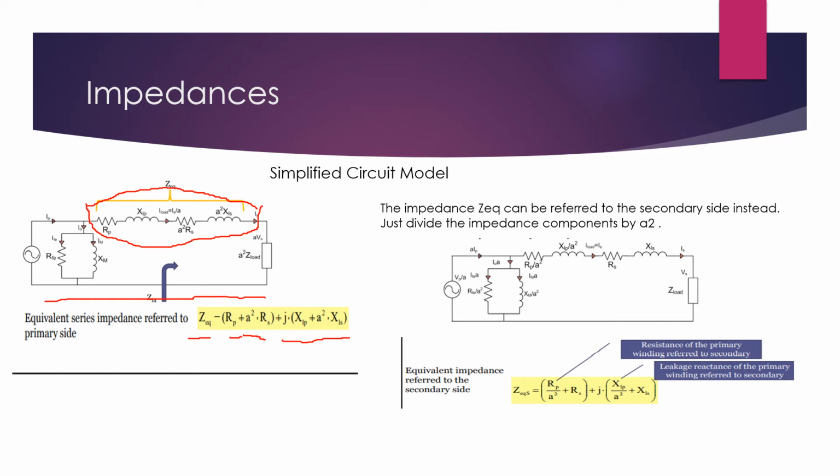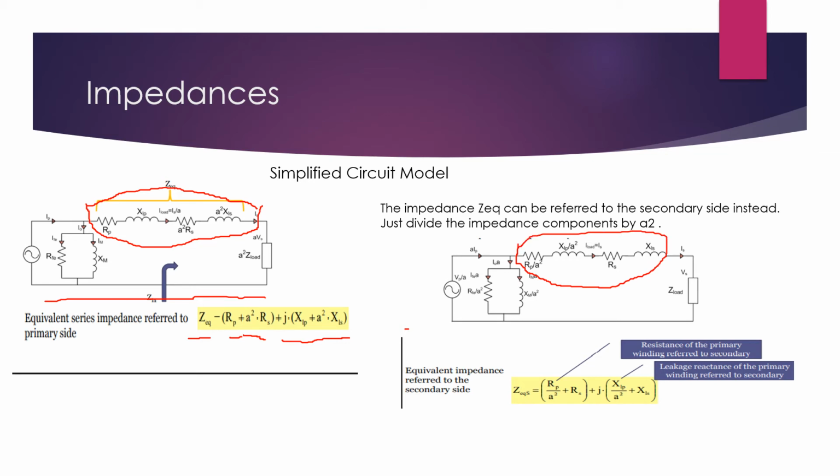Now, on the other side, the equivalent impedance is referred to the secondary side. You just divide the impedance components by A squared and you can get the formula directly.